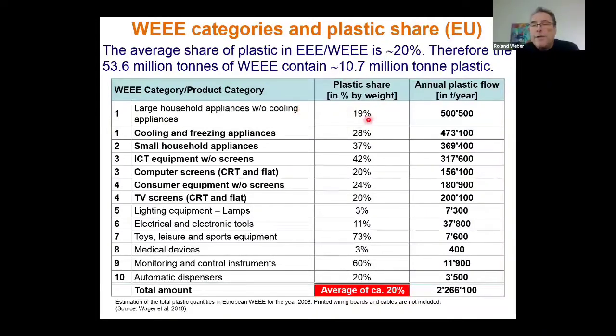And the average plastic content of e-waste is about 20%. It depends a little bit on the type of e-waste, but overall the average is 20%. This means the 53.6 million tons of e-waste contain more than 10 million tons of plastic, which we need to manage every year.